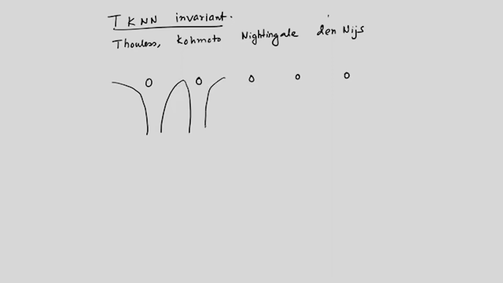I am just assuming them to be attractive, they could be repulsive as well, and so on, and an electron passes through it. It is a negatively charged particle that passes through it.